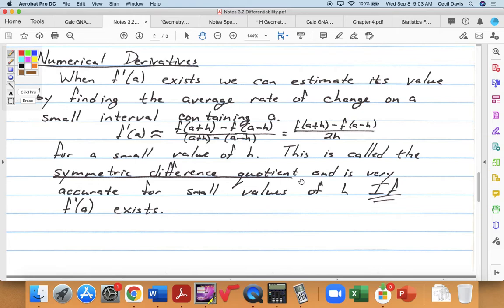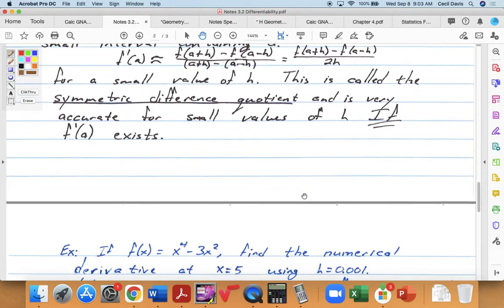So this is called the symmetric difference quotient. The reason it's called the symmetric difference quotient is we went the same amount to either side of A. It's very accurate for small values of h if the derivative exists. Notice that "if" has been underlined multiple times there. That's kind of important.